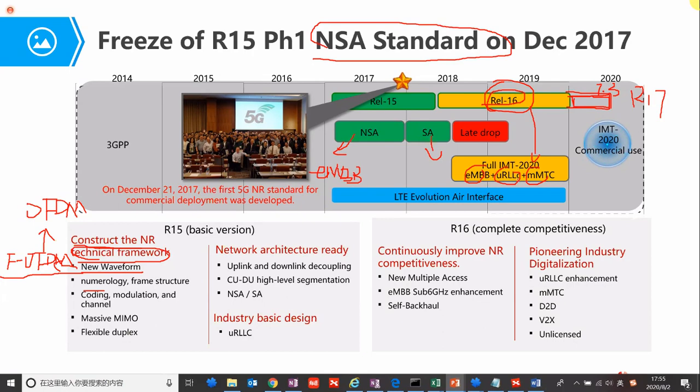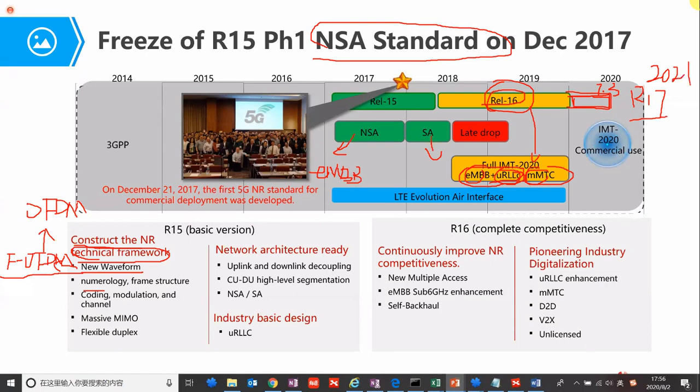Yes, focus on URLLC and some part of mMTC. And all of mMTC, this standard may be frozen in R17, maybe 2021.